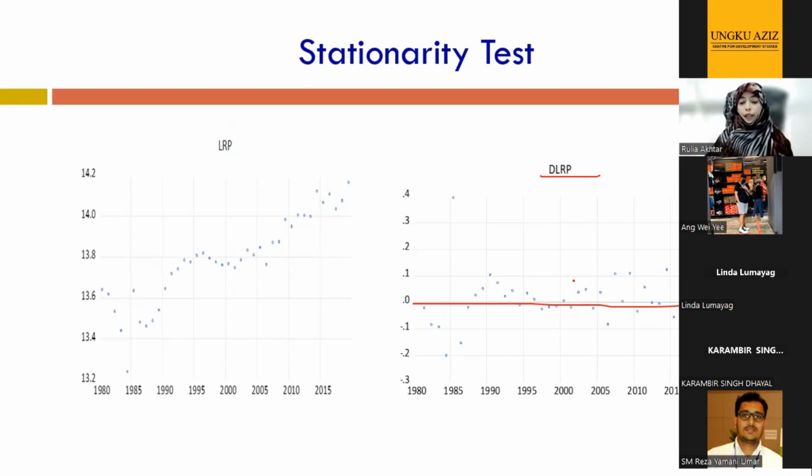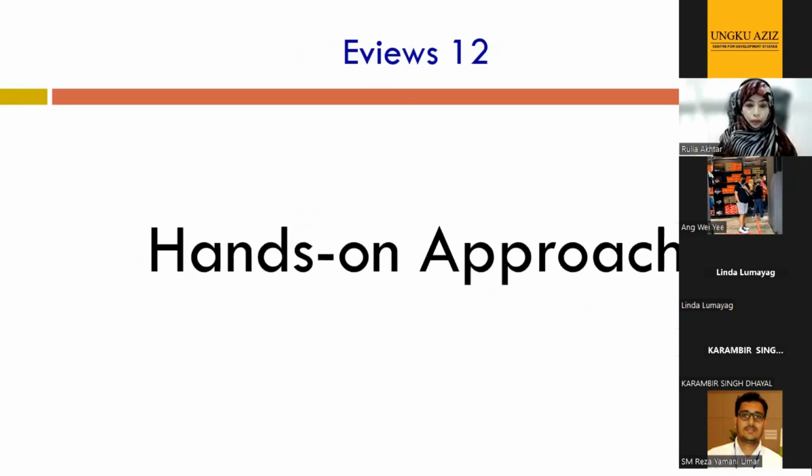This means that this one is stationary and this is the non-stationary variable. So that is one way to make the data set stationary, detected from the unit root test.